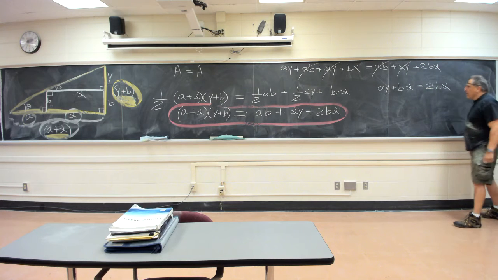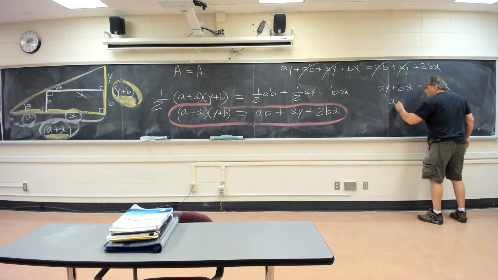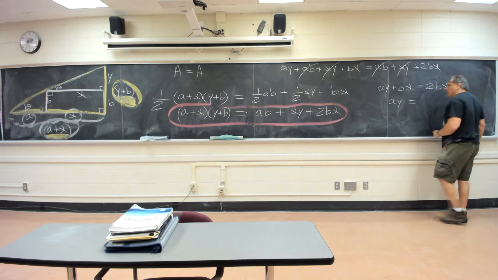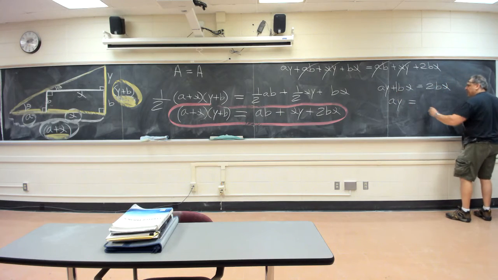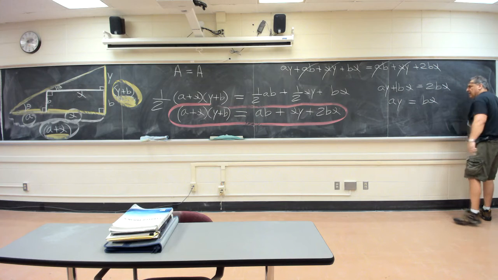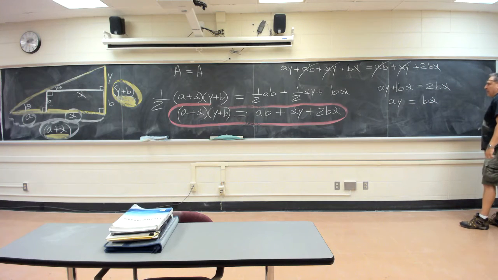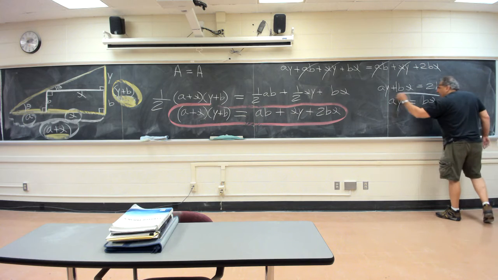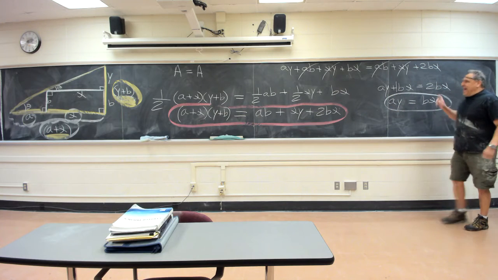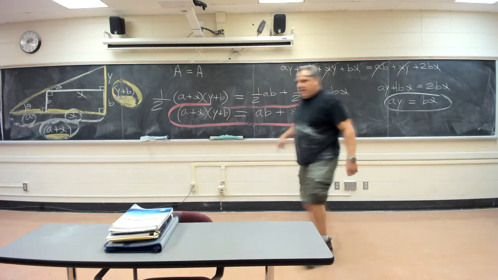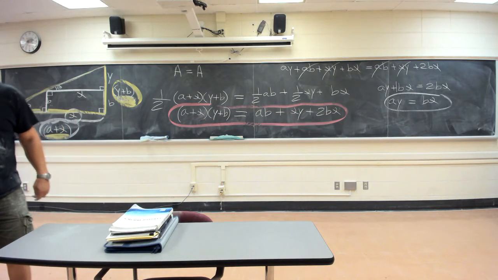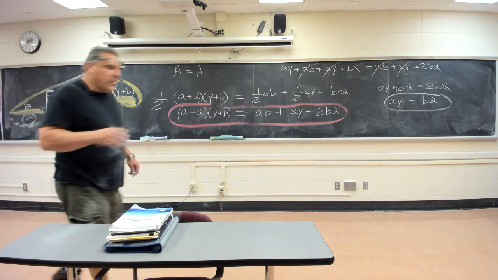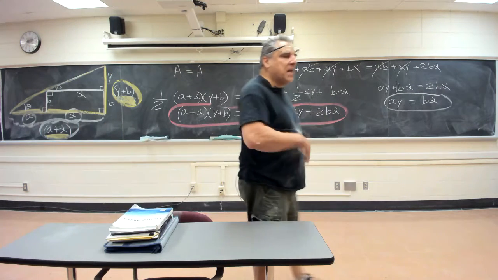Really? Yeah. Number of ways to go. BX is the same as 1BX. Subtract 1BX on each side, you got AY equals BX. That has to be the case if the sum of the small areas equals the gigantic area which they compose.